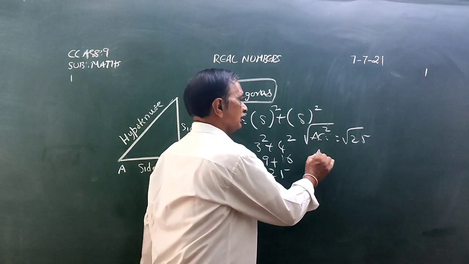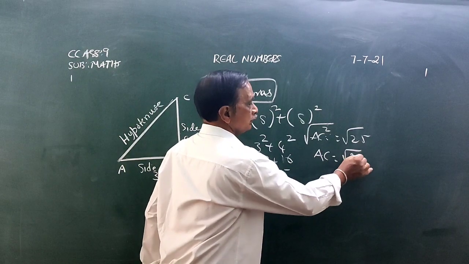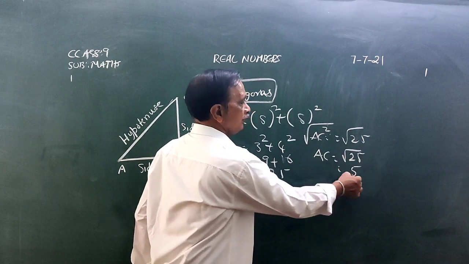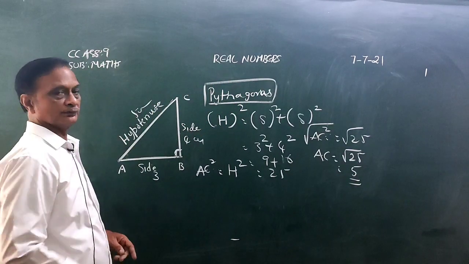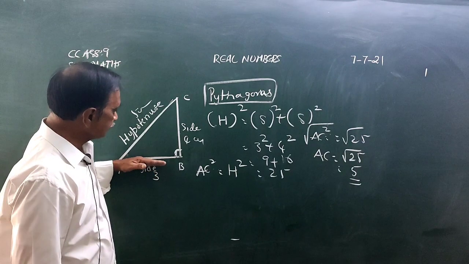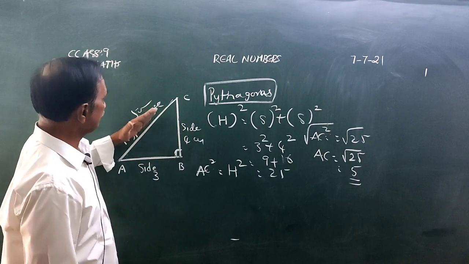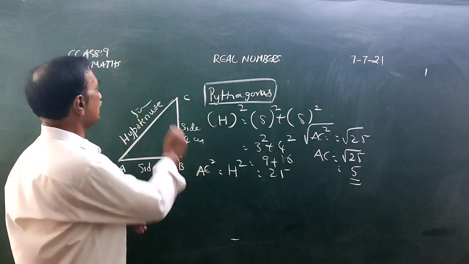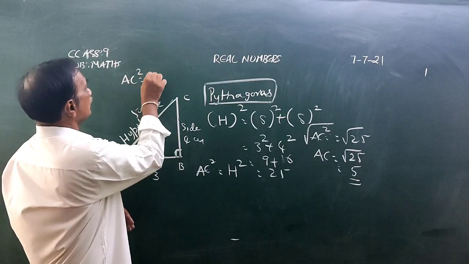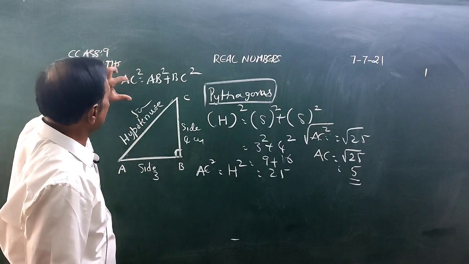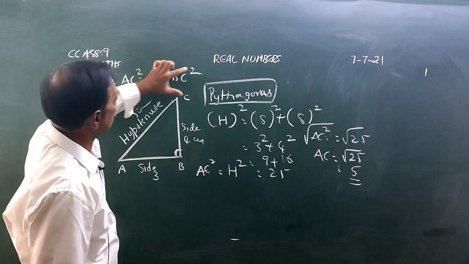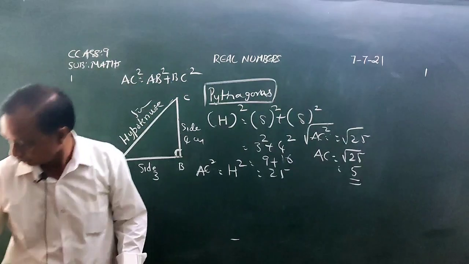AC is equal to root 25, which is 5. So the length of AC equals 5. When AB equal to 3 and BC equal to 4, you can find AC by using the formula AC square equal to AB square plus BC square. That is, square of the hypotenuse equal to sum of the squares of the other two sides.